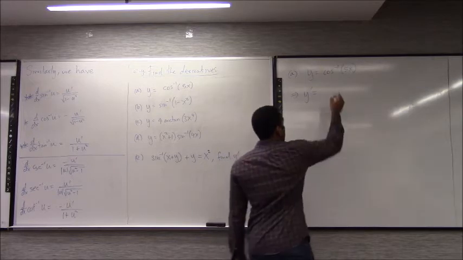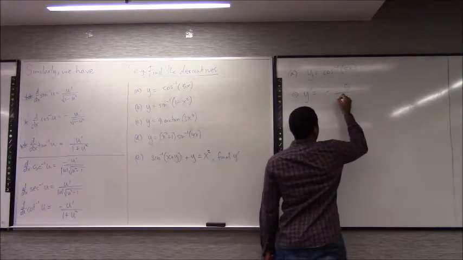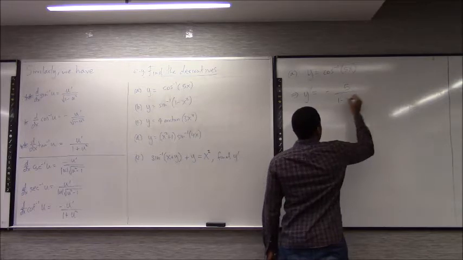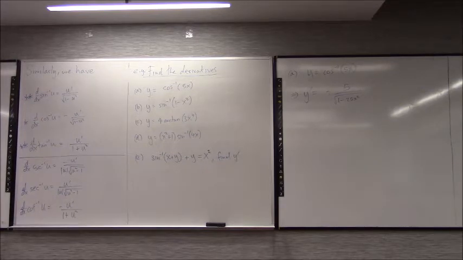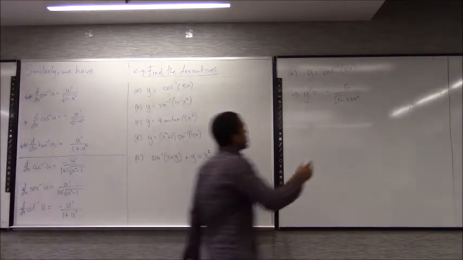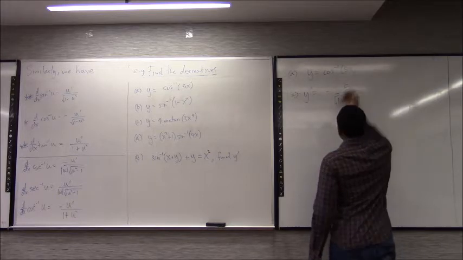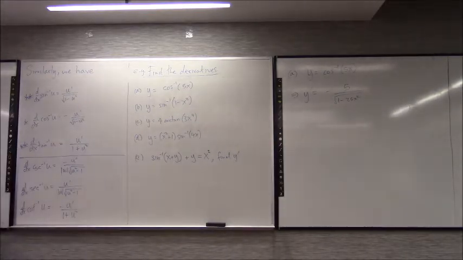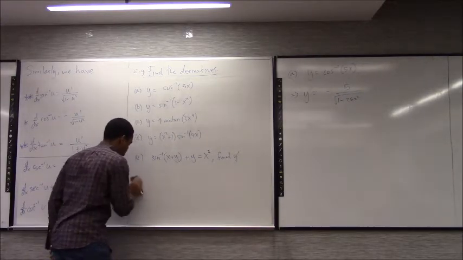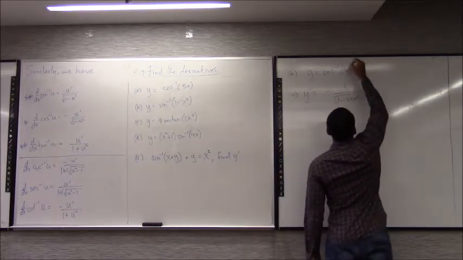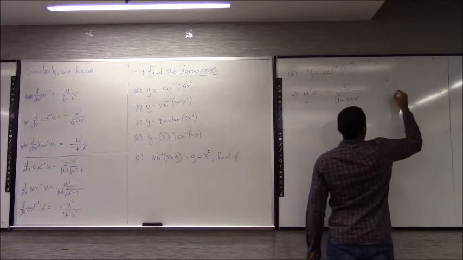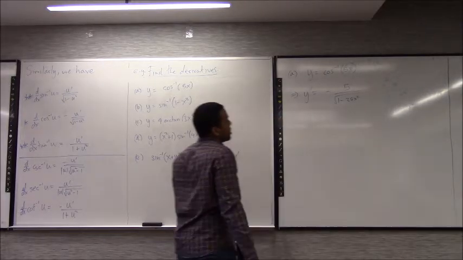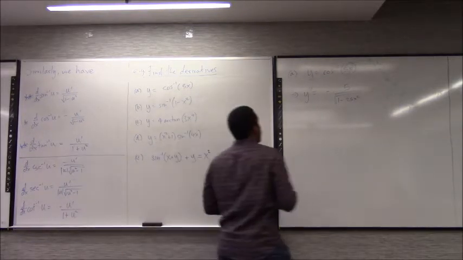Negative 5 over square root of 1 minus 25x squared. Exactly. In this case, 5x was your u, so you're going to put minus u prime over the radical of 1 minus u squared. Okay, not bad. B.